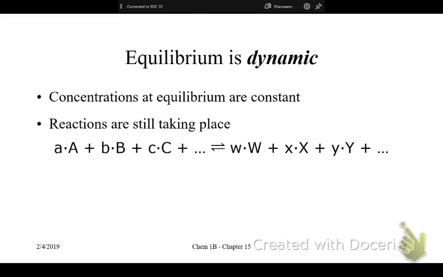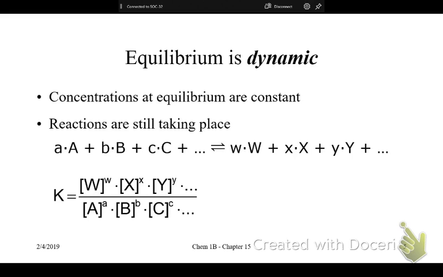You can write the equilibrium constant, and it's going to look like this. So regardless of how many products or reactants you have, you can always end up with an equilibrium constant. All right. Questions? We're going to do some examples so you can practice a little bit.